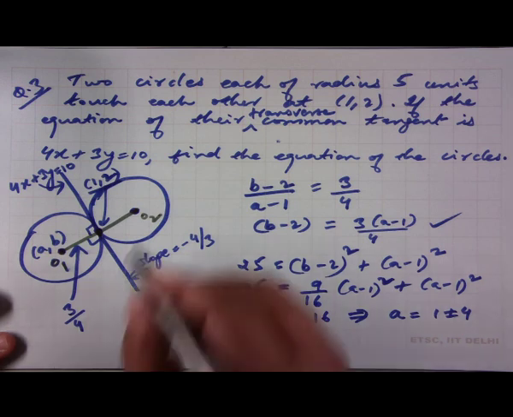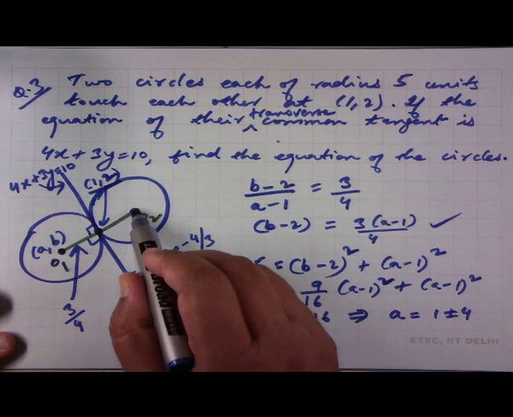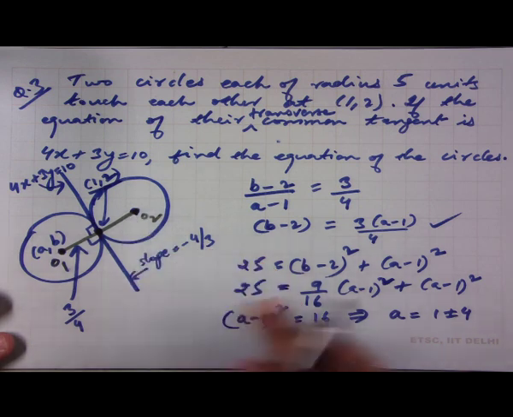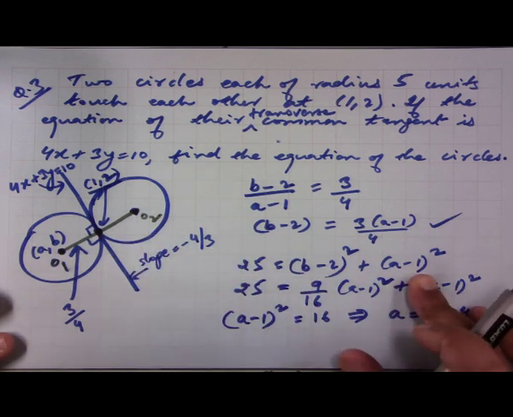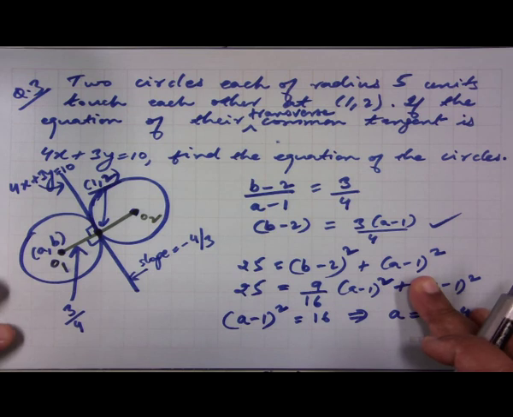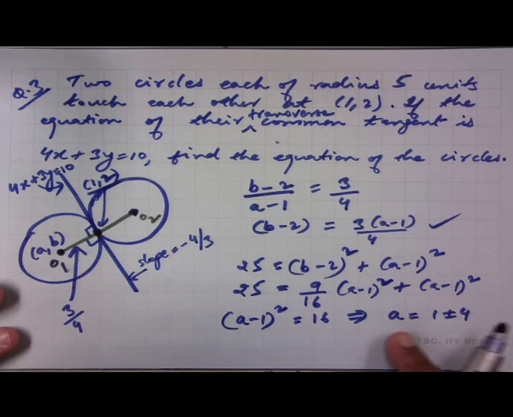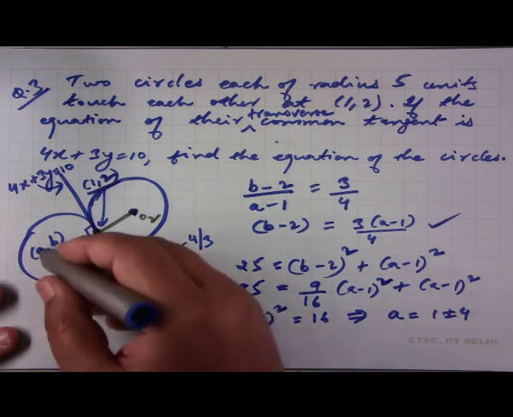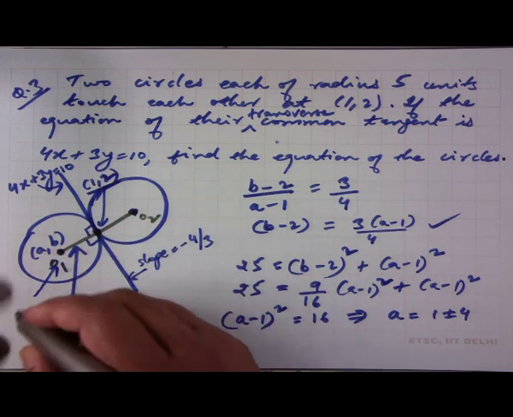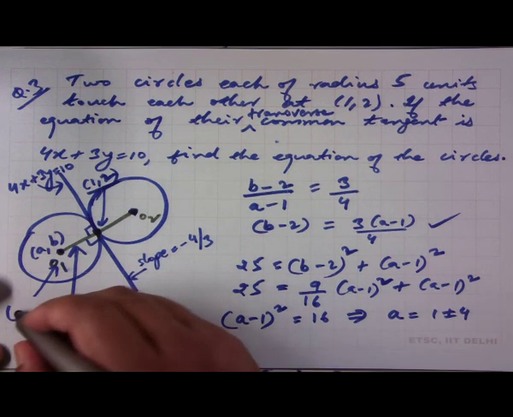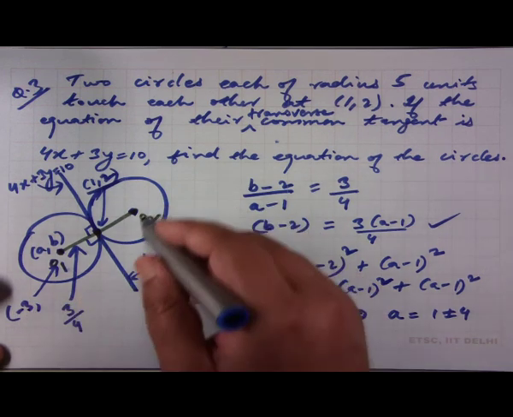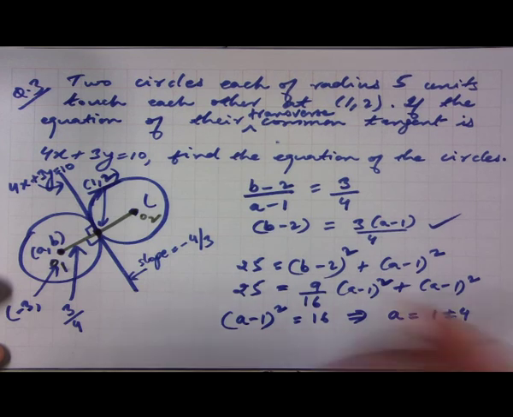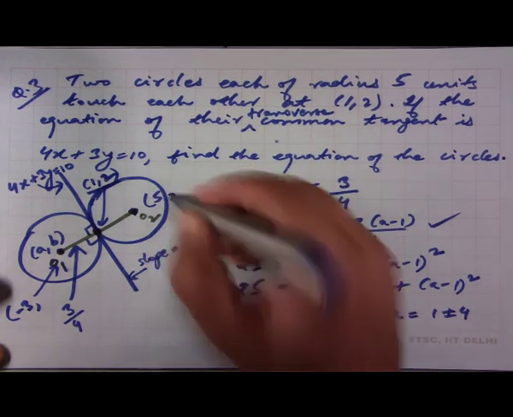So, the coordinates of the center of the second circle must also satisfy this equation, and therefore, for the first circle the x coordinate will be 1 minus 4, which is minus 3, and the x coordinate of the second circle will be 1 plus 4, which is 5.